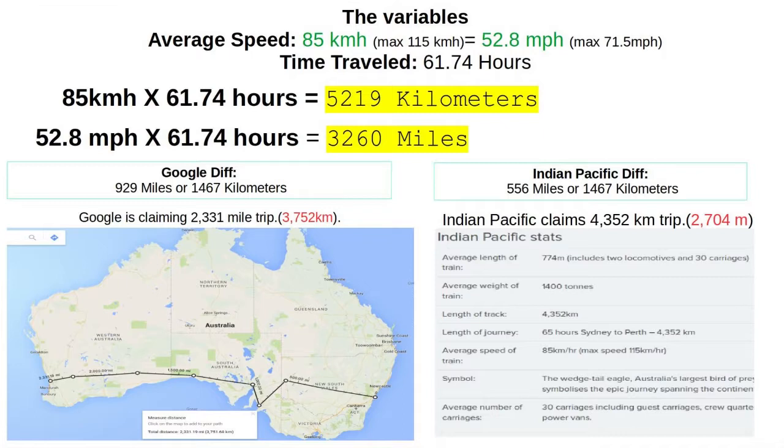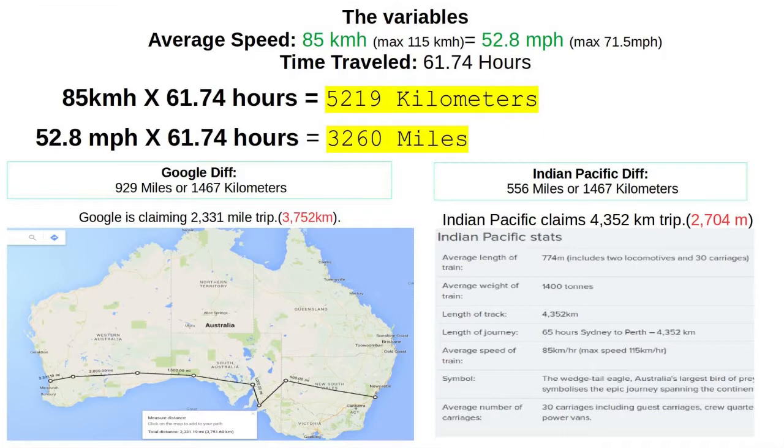So the average speed and the time it took will tell you the distance they traveled, regardless of what the track is. Now, if the track was truly winding so much, then the average speed would be lower.